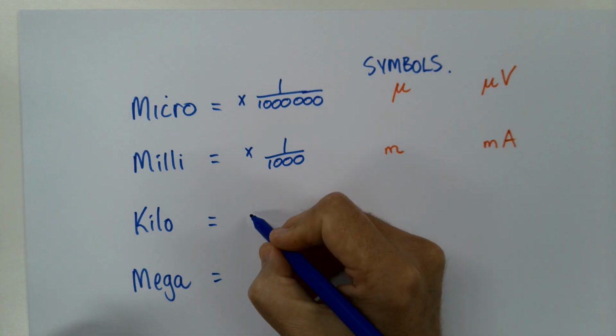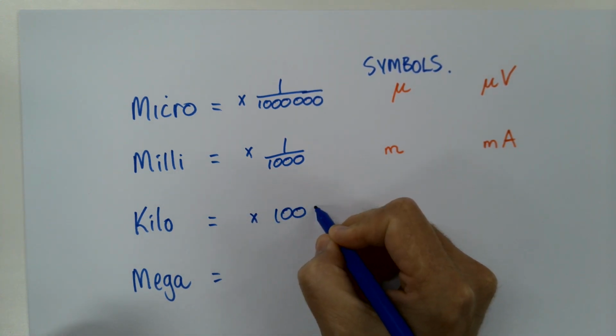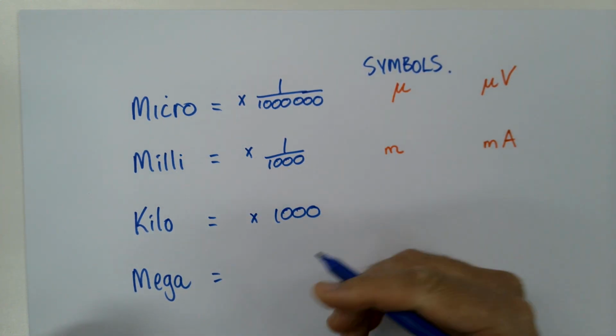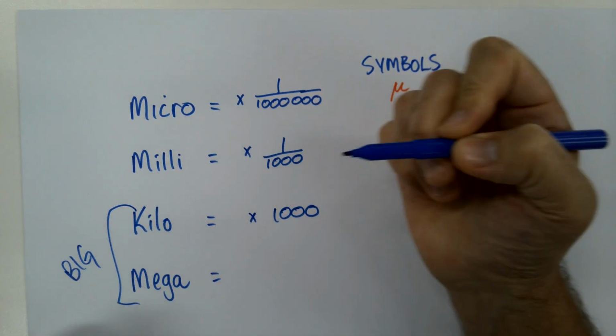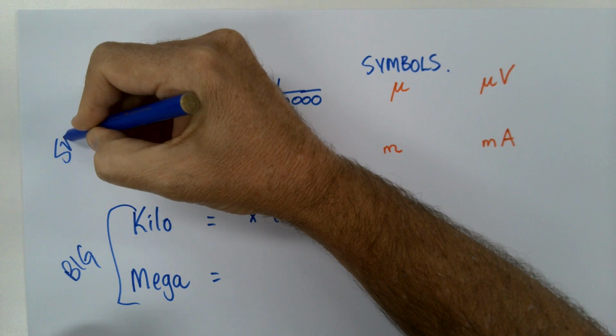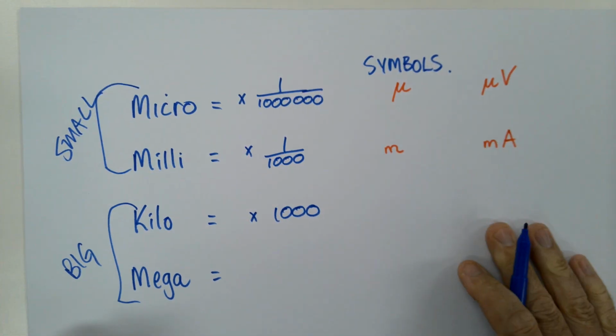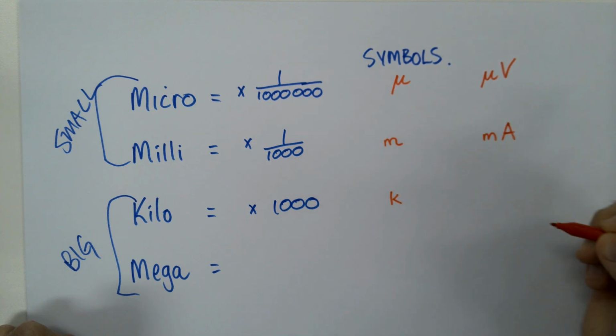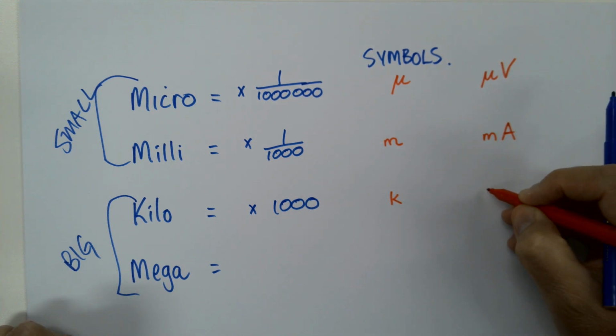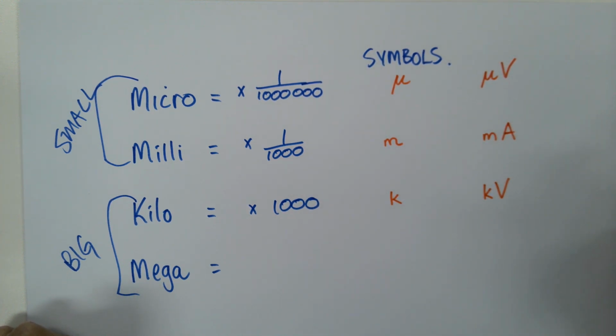Kilo is timesing it by 1,000. So now these 2 here are your big ones, and these 2 are small. For kilo, the symbol is lower case k. So you might have kilovolts, kilowatts.